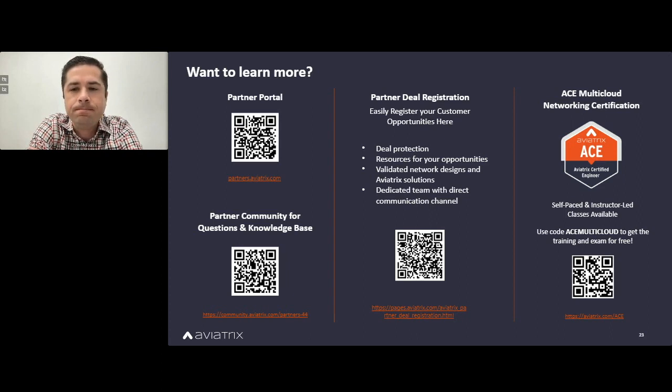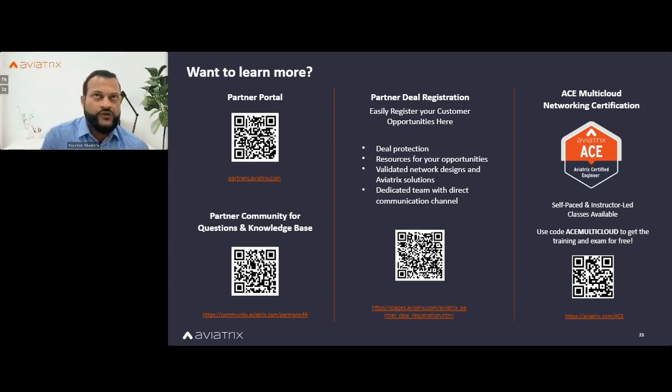Awesome, thanks. And one more question here. Do you have a tool to easily migrate my native NAT gateway to Aviatrix Secure NAT Gateway? Yeah, I can take that. So the self-service tool that we showed is more of a validation if you want to test yourself on how to migrate a NAT to Aviatrix Secure Egress.